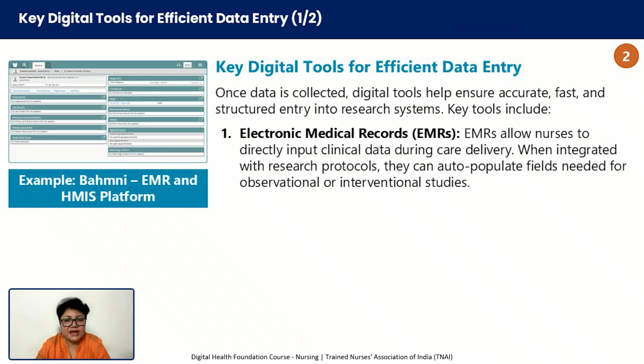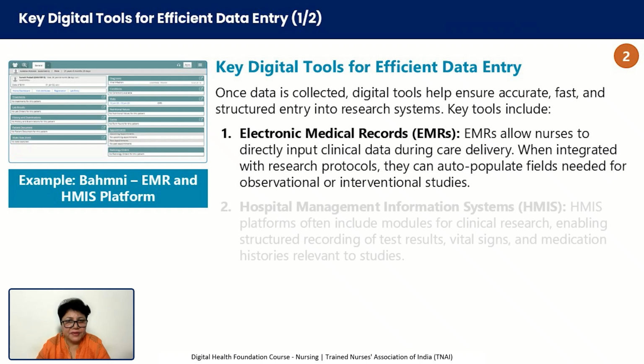The first one is electronic medical records, which are particularly useful here as they enable nurses to input data during care delivery itself. When integrated with research protocols, EMRs can auto populate the necessary study fields, reducing duplication and saving time.